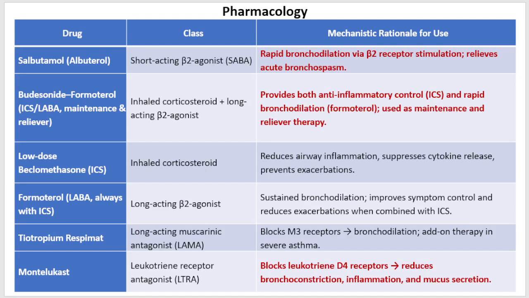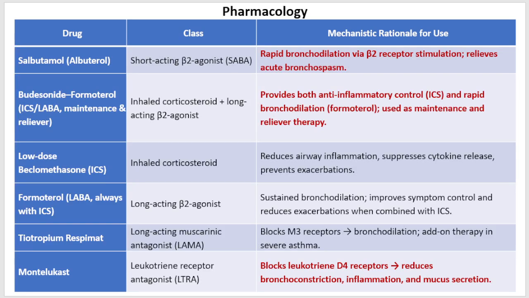Asthma treatment relies on a wide spectrum of drugs, each targeting a different mechanism. Short-acting beta-2 agonists like salbutamol provide rapid relief by relaxing airway muscles, making them the go-to rescue inhalers. For long-term control, inhaled corticosteroids such as beclomethasone reduce inflammation, while combination therapies like budesonide and formoterol deliver both anti-inflammatory action and sustained bronchodilation.